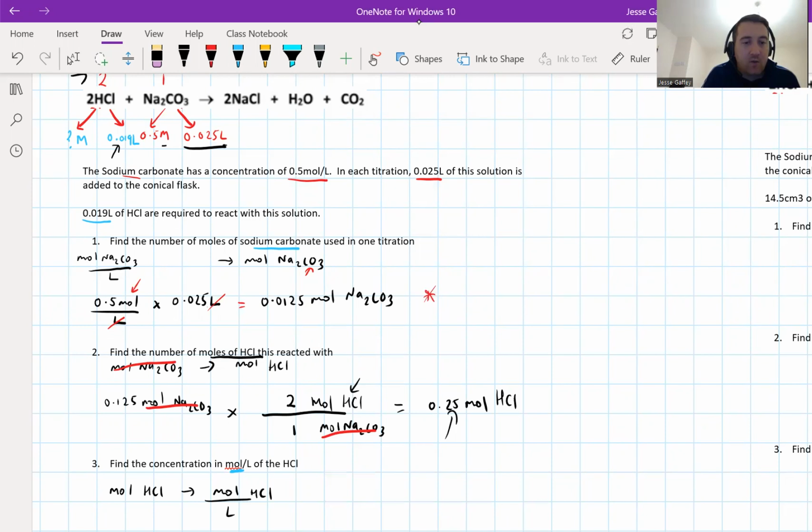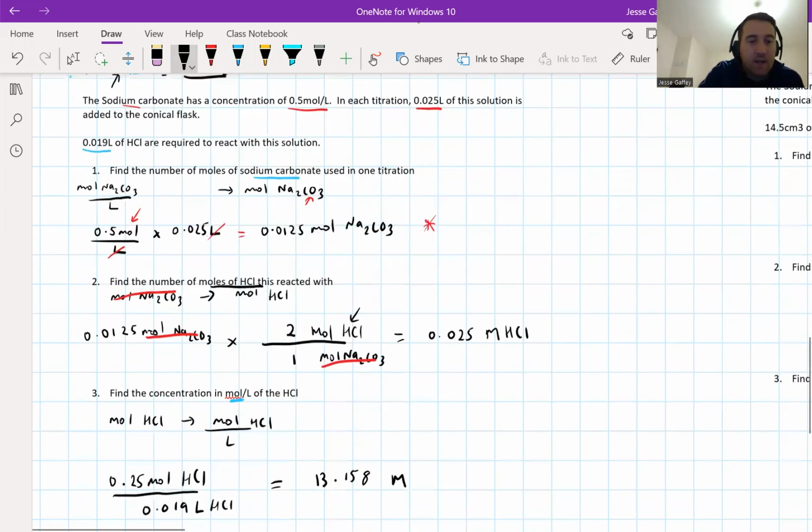So that means that it's wrong here as well. So this has to be 0.0125. And then if I times that by 2/1, that means that this number is now 0.025 molar HCl.